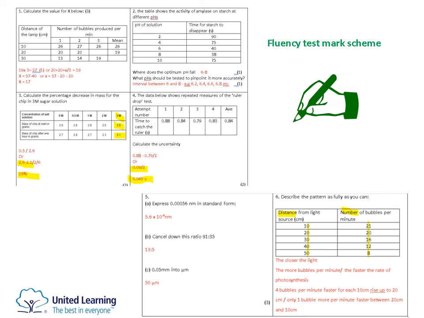So all you need to say is the closer the light, for example 10 centimetres, the more bubbles produced, so the faster the rate of photosynthesis. Then give a specific example. For example, at 10 centimetres, the number of bubbles is 21. This decreases the further away the light gets. For example, at 50 centimetres, the number of bubbles produced is 8.